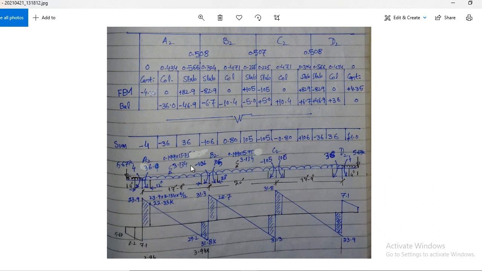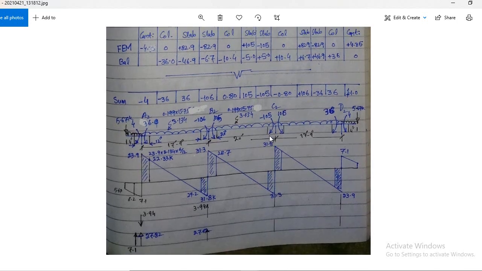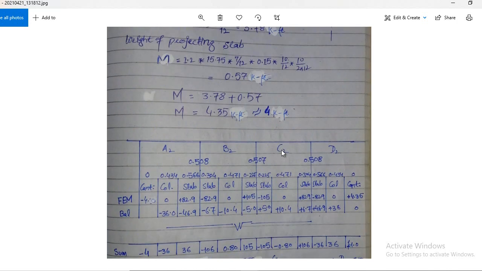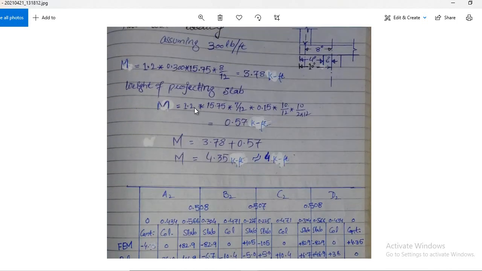You see 3.134, we already calculated this value. Note this one.